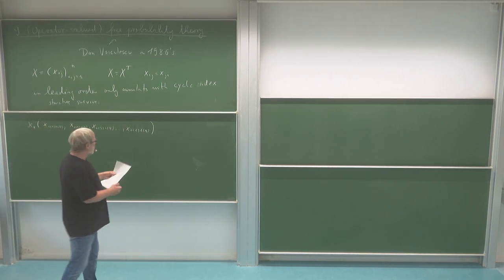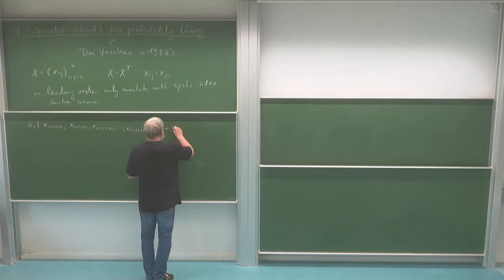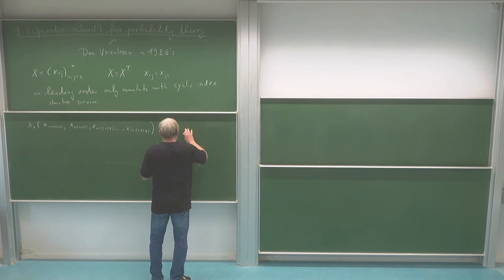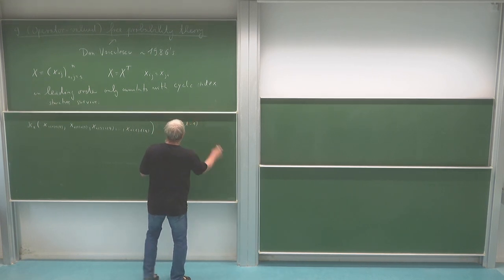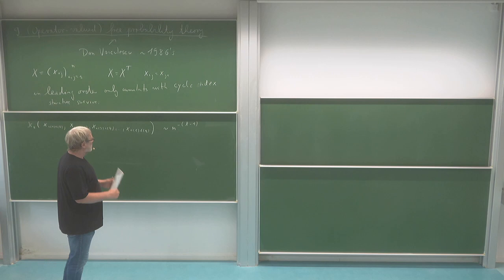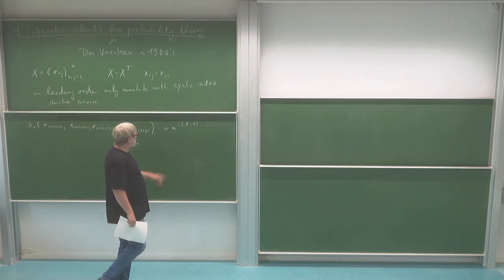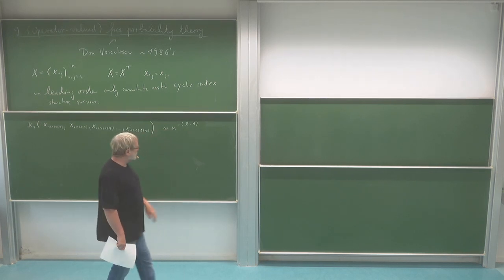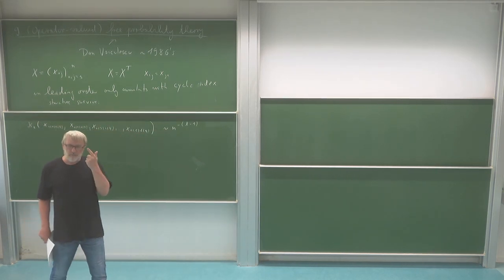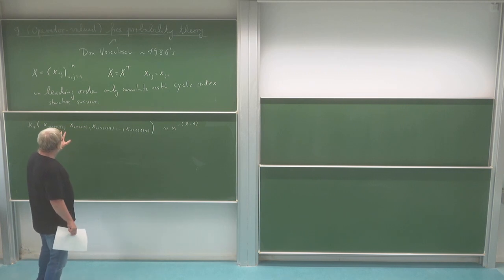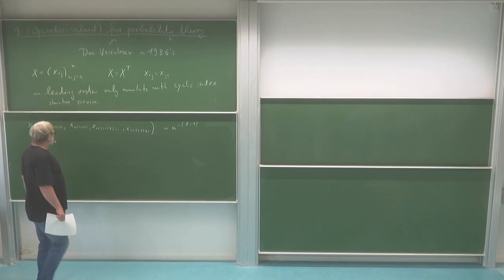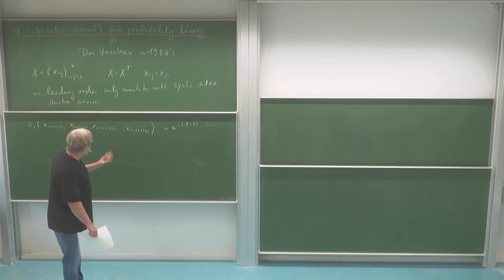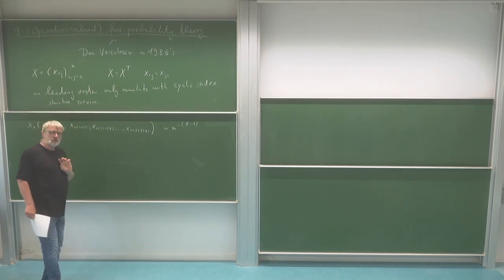Only those cumulants contribute, and they go in this setting with n to the power of minus (L minus 1), where n is the size of our matrices. This means the first cumulant is of order 1, the second cumulant of order 1 over n, and so on. We should also remember that the entries of the cumulants commute, so I can do some permutation of the entries such that after the permutation I find the cyclic structure.